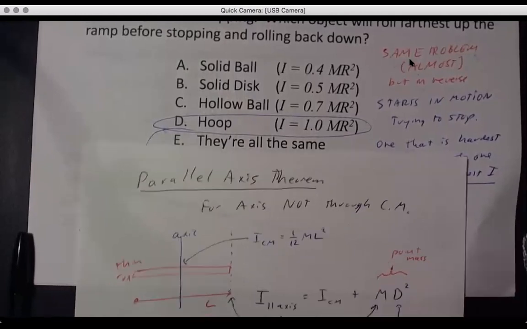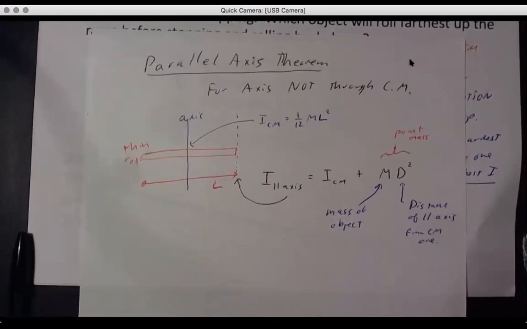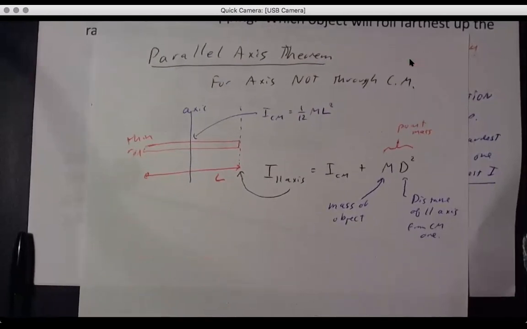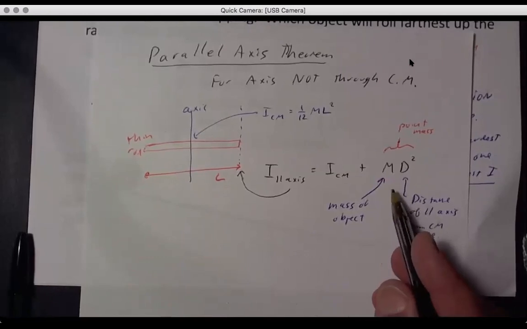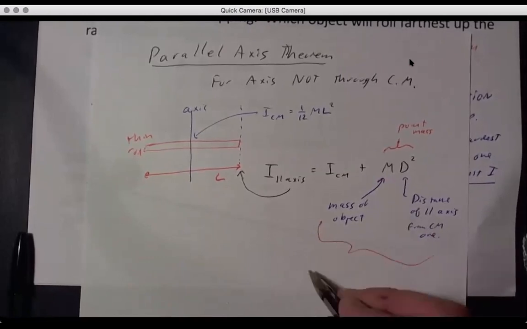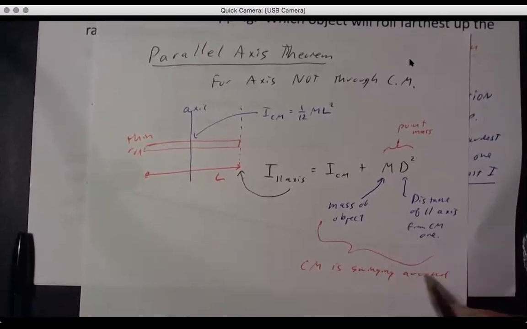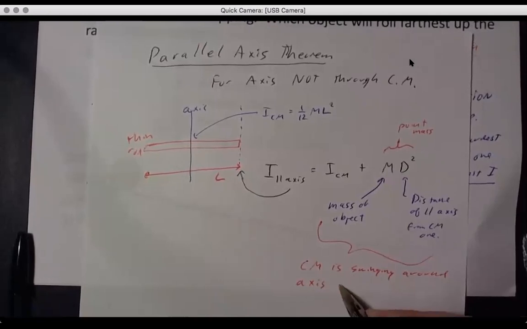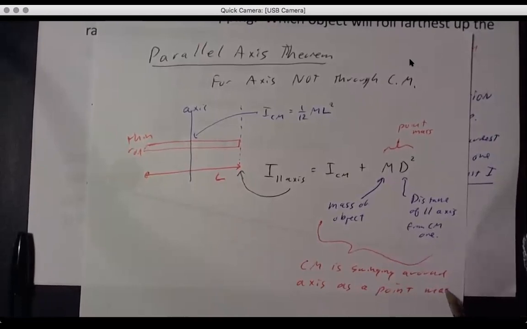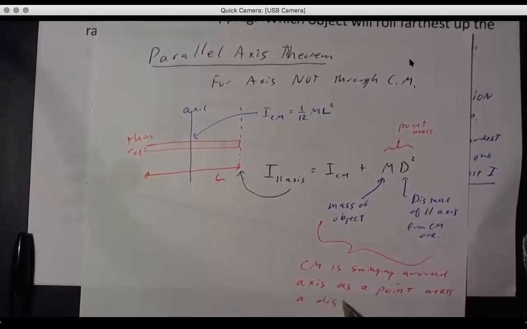So what we're really doing here is taking the center of mass, which is swinging around the axis as a point mass, a distance d from the axis.